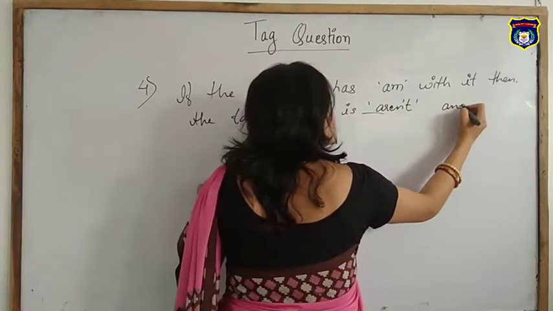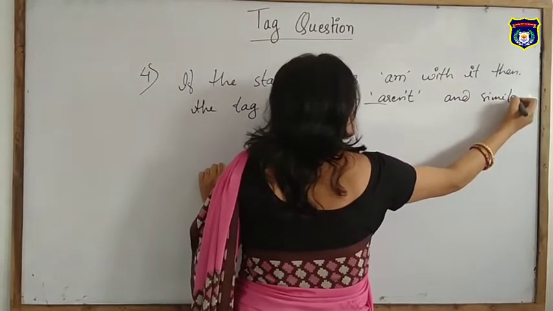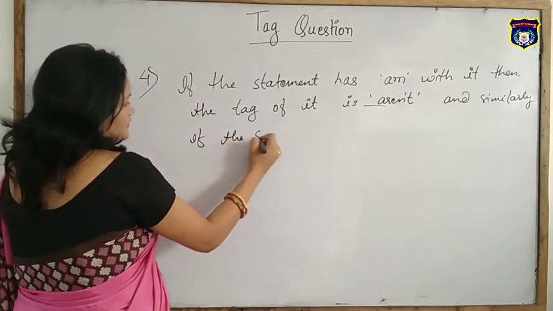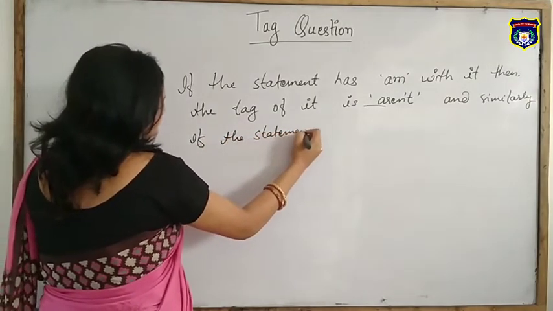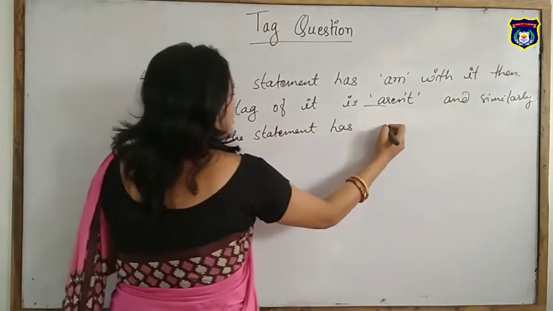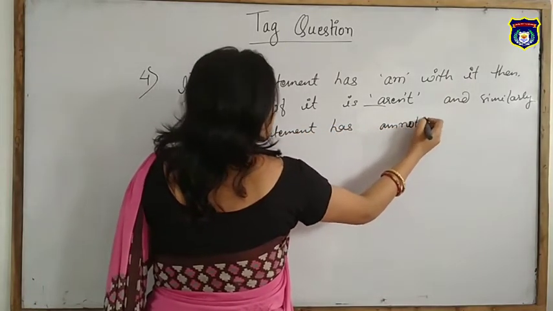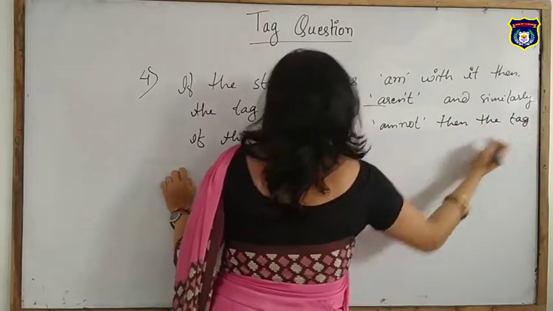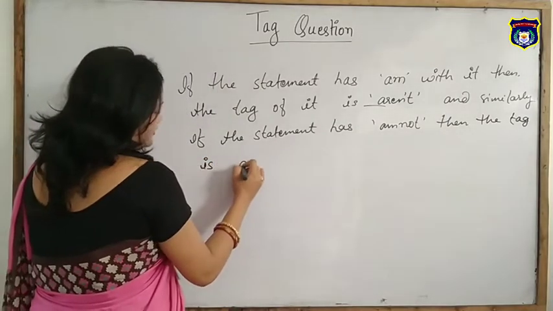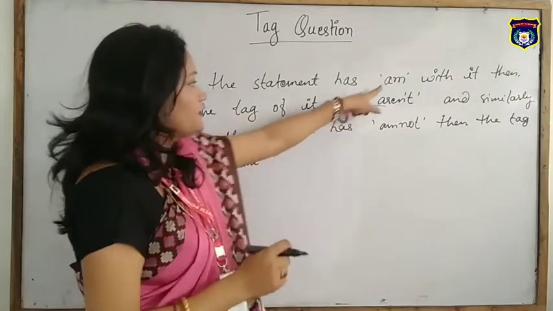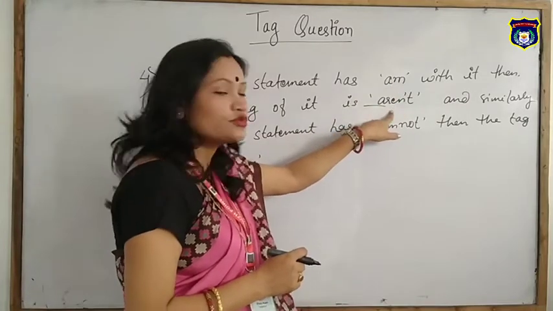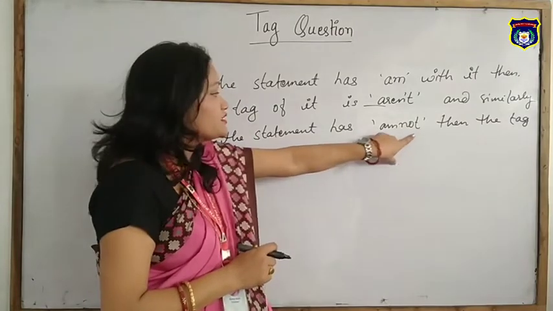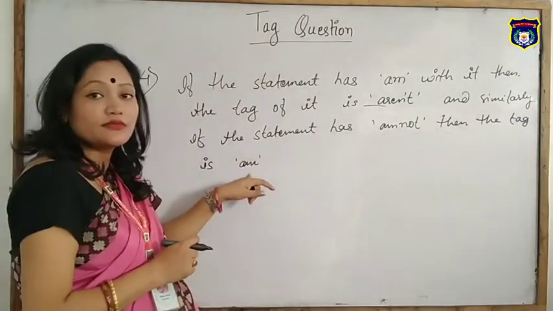And similarly, if the statement has am not, then the tag is am. If am is positive, then it should be aren't. That's the tag of it. If the statement has am not, because it is a negative, so definitely the tag must be am.